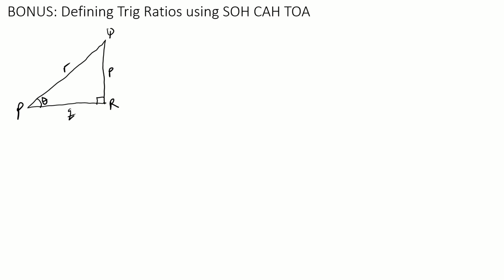Now, let's go back to the beginning where we talk about the Pythagoras theorem. According to Pythagoras, the longest side of a right angle triangle is named the hypotenuse.